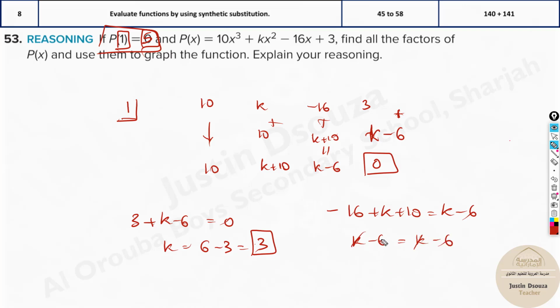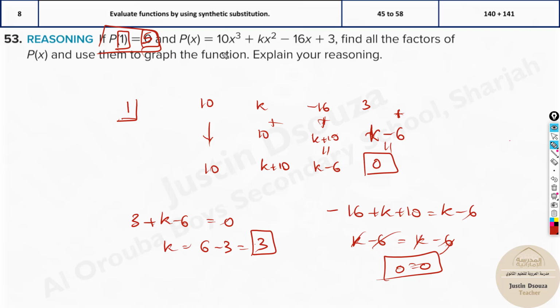This cancels. If you cancel, 0 equals 0. You're getting an identity. So this is the issue. Even over here, you'll get an identity. Obviously, you're just adding and writing it over here, right? You're adding this and writing it, but it's in the variable form only. But over here, what happens is only one time variable, but you know this answer. So technically, you know what it is going to be equal to. Only this you can solve.